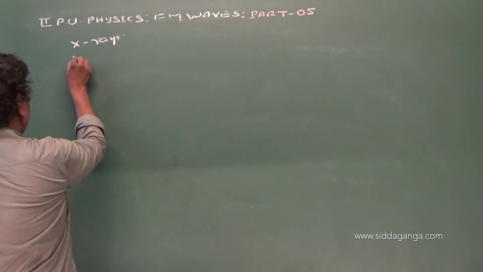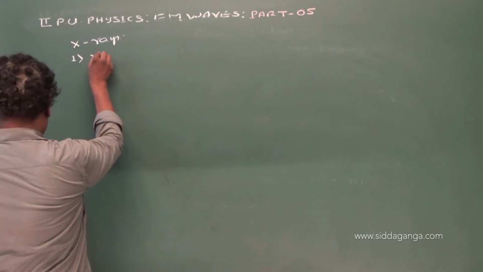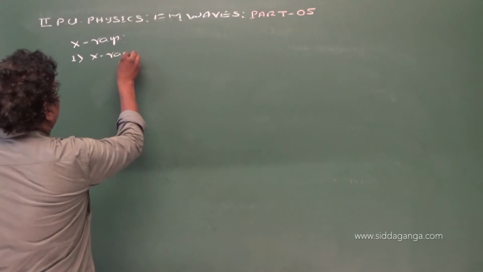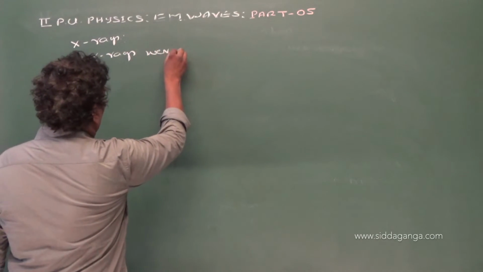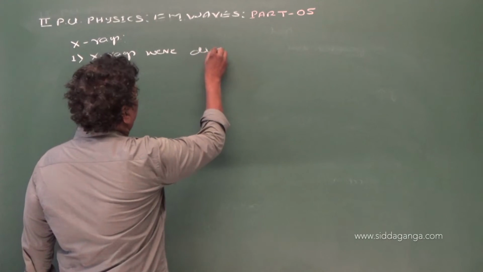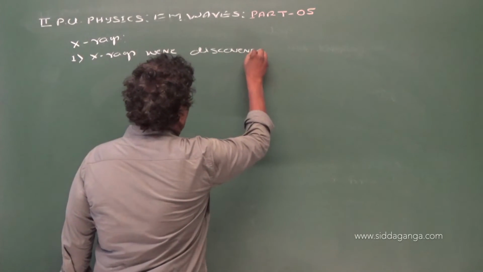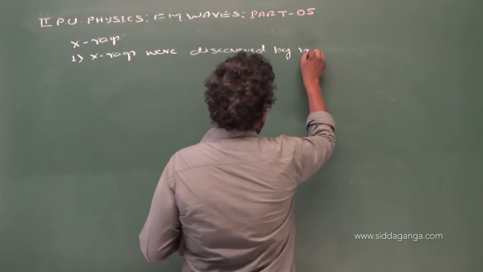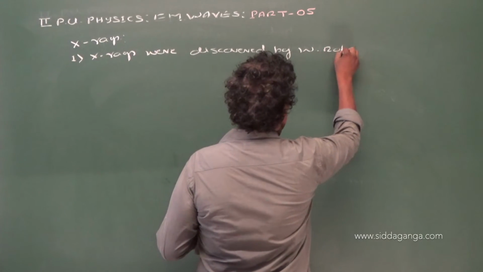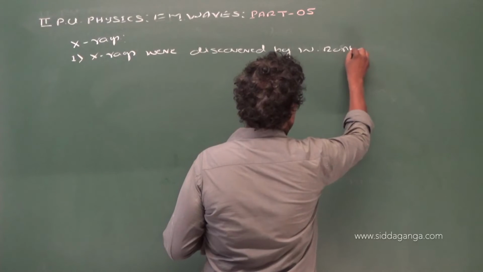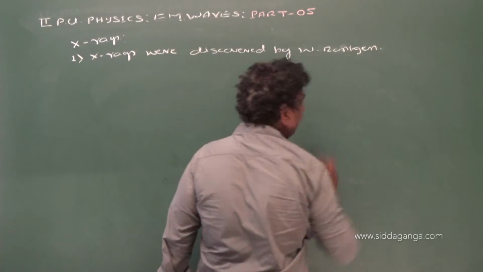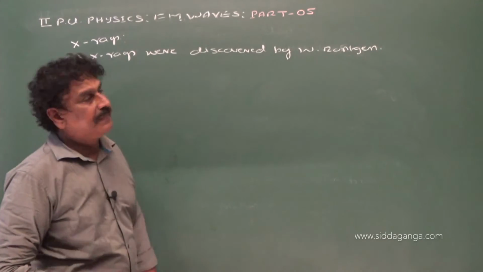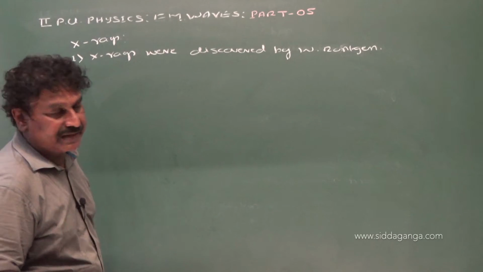Now, the first point is that X-rays were discovered by W. Rontgen, right? W. Rontgen discovered X-rays.